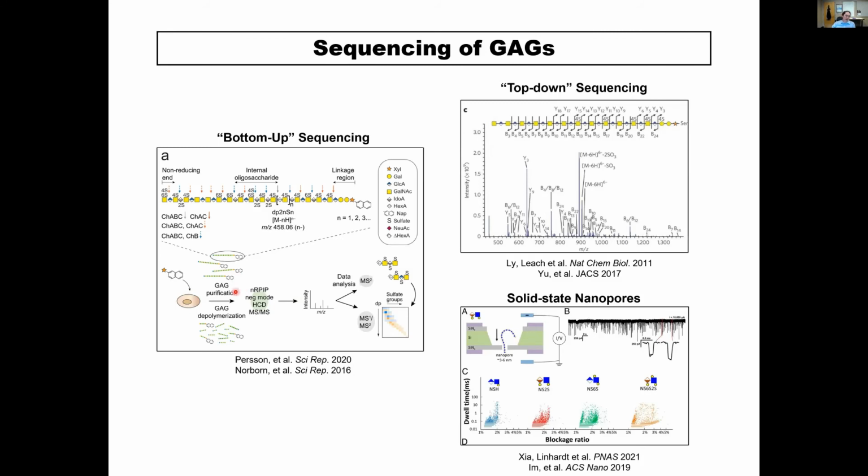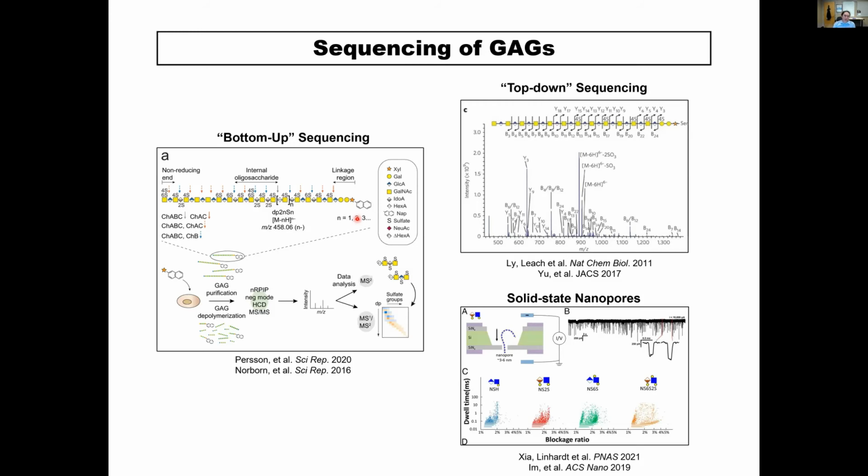There are different groups in Sweden as well as here in the States that are developing tools, and I just wanted to highlight this really cool technique where you can feed the cells a xyloside that is labeled. This xylose will be utilized to start producing a chondroitin sulfate or heparan sulfate chain attached to this chemical. They can purify this and use different mass spectrometry techniques to analyze the GAG chain that was produced on the xyloside that they fed the cells.